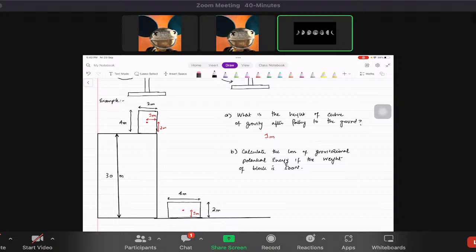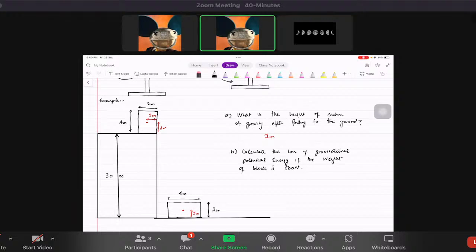Does this mean the block at the center of gravity or the big block? It just says calculate the loss of gravitational potential energy when it falls like this. Just that. So would it be 500 into 9.8 into, I'm assuming 2? 2.